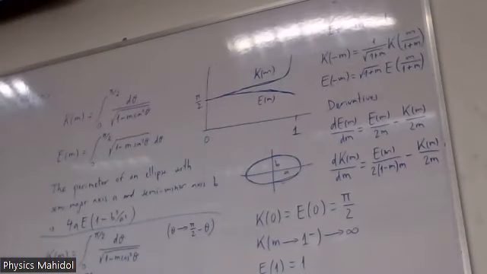Imagine I have a charge ring on the XY plane. This is the z-axis. And I want to find the electric potential created by the charge ring.